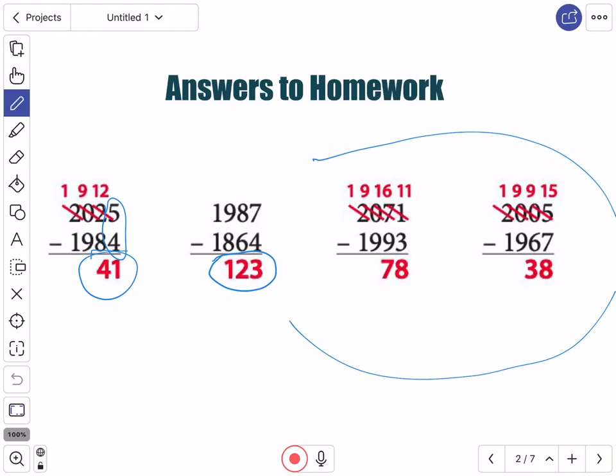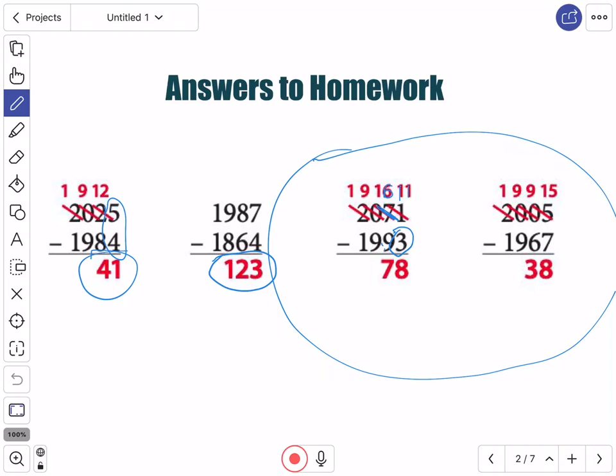But then when you get to these two right here, you do have to do some regrouping before you can actually subtract. So for the first one, 2071 minus 1993, you should have gotten 78. And we know that we can't take away 3 from 1, so we had to go next door. And this 7 then became a 6 to turn this 1 into an 11.